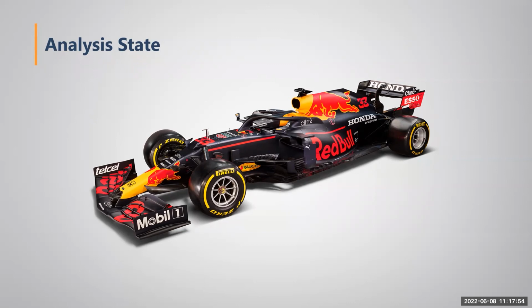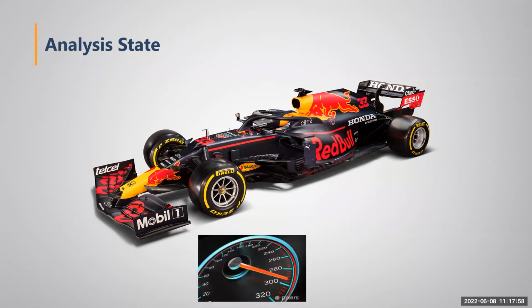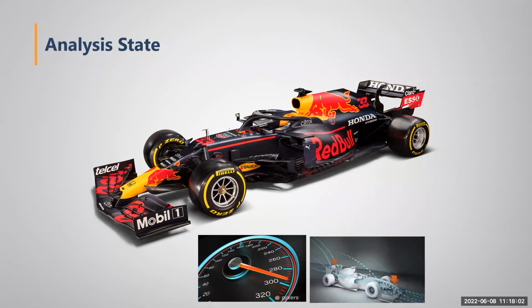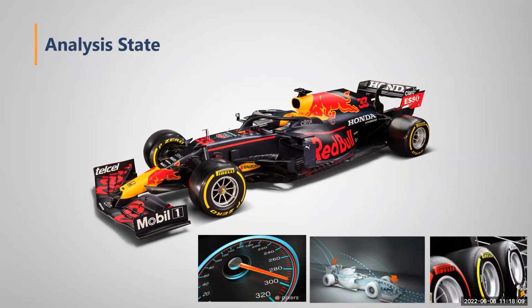The analysis will focus on specific parts of its makeup, whether that's the straight line speed that the engine allows it to create, or the level of downforce that is generated by the different wings and vents on the body, or even the durability of each tire compound. Now, these are just three high level views. I know there's a lot more that goes into the workings of an F1 car, but looking at specific analytical areas.